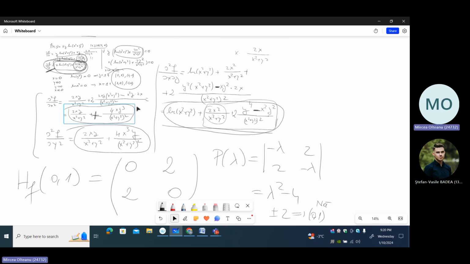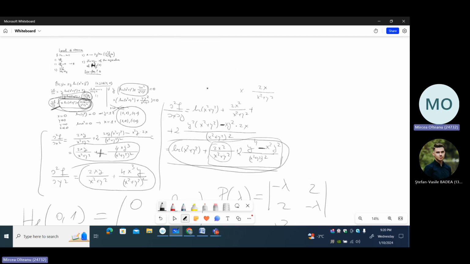And so on for the other critical points in a similar way, it's not a problem. The only question here in this exercise is if there are other critical points, I mean, if this system has other solutions too.